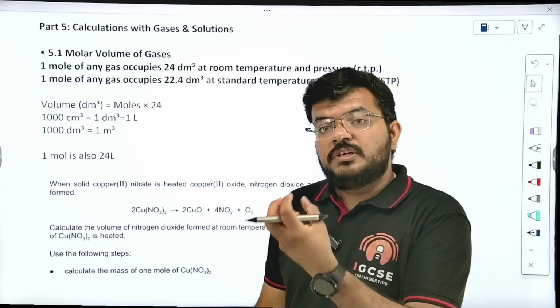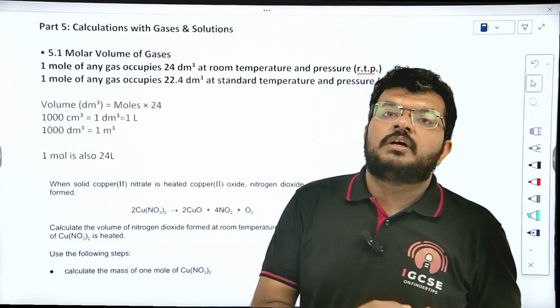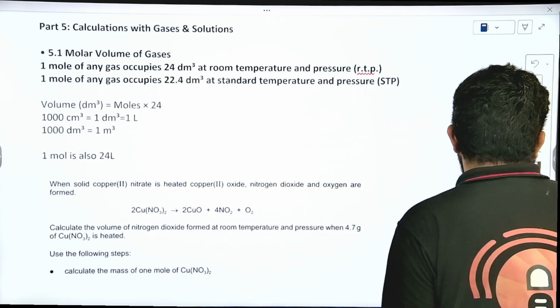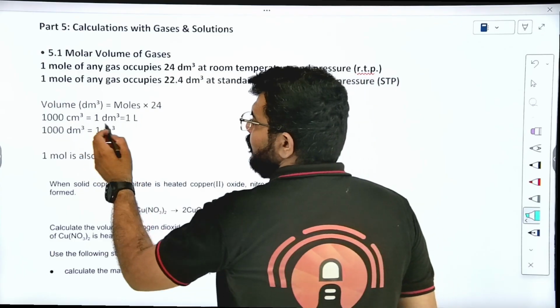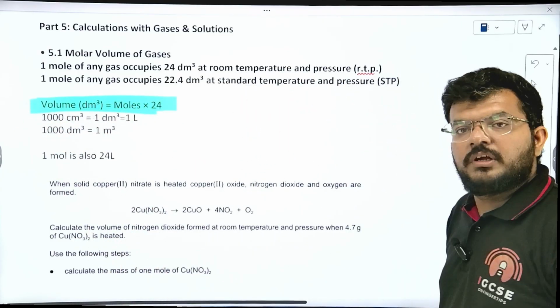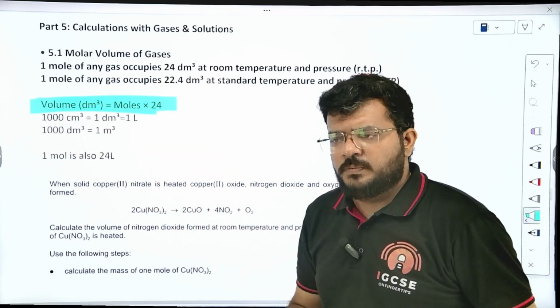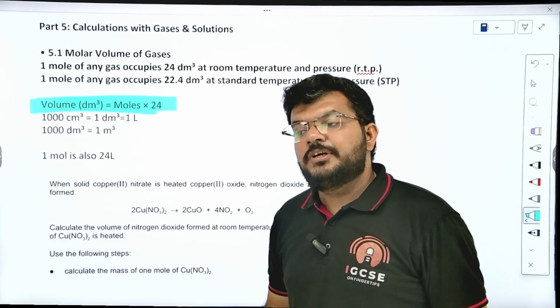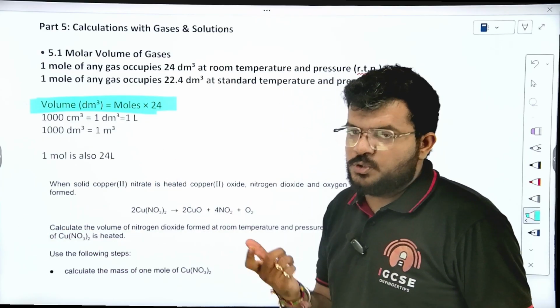That 24 dm cube is also 24 liter. In a lot of questions, you will be asked to remember conversion, that volume is mole into 24. If 1 mole is 24 dm cube, 0.1 mole will be 2.4 dm cube, 100 mole will be 2400 dm cube, so on and so forth.